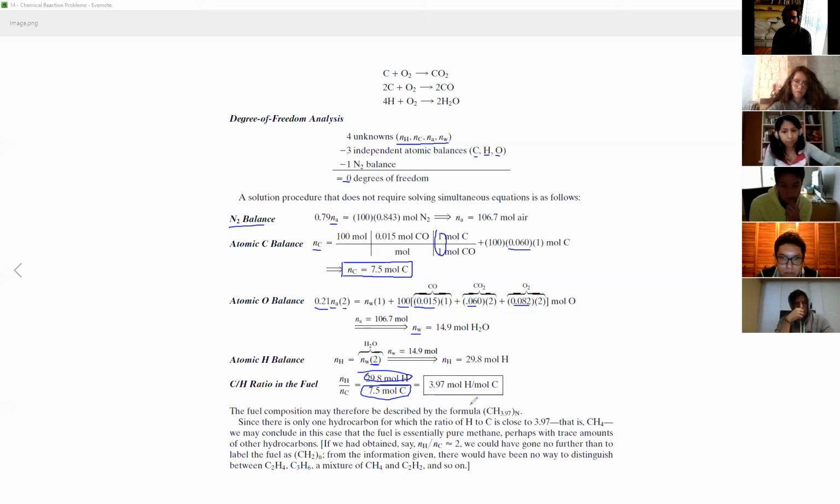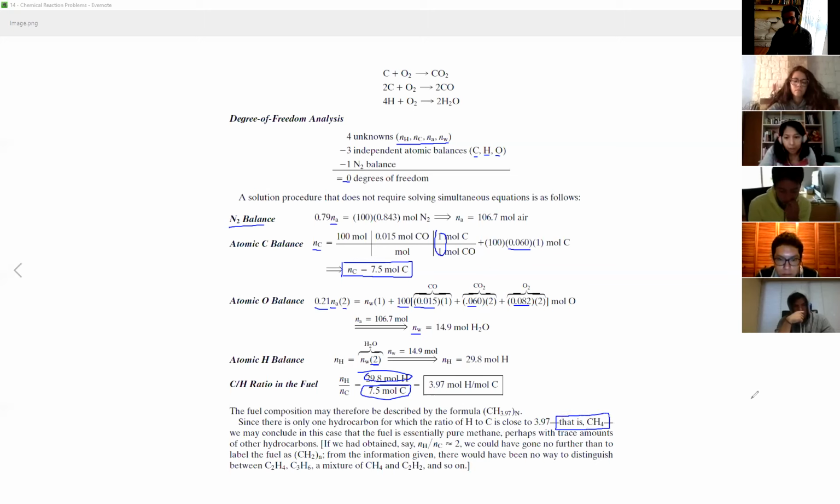If we put that into a molecular formula, it should be CH4, right? Almost, or a multiple of those. Could be C2H8, or C3H12, and so on, right? Okay, so because of the relation, the most likely compound or fuel that we have is methane, right?